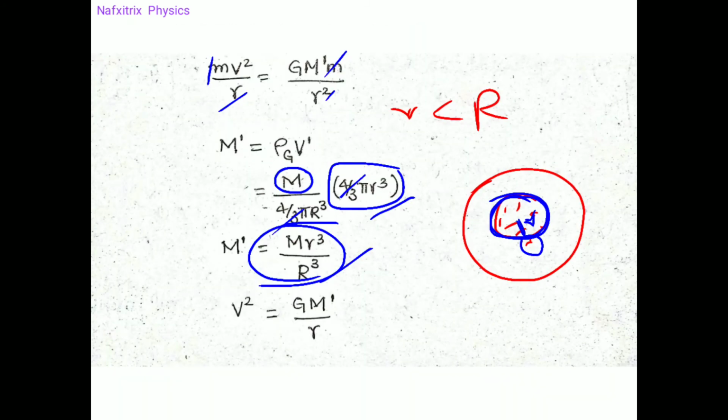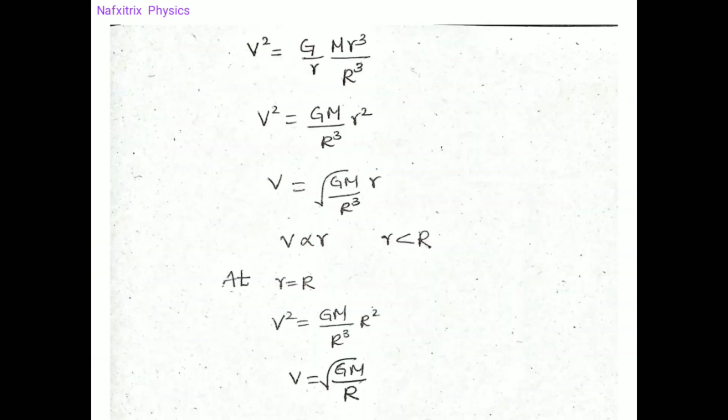After substituting M r cube by capital R cube, G M and r cube have to be taken aside, and r would get cancelled and we will get r square. Next we need to take the square root to that side. So we would have root G M by R cube, and square root of r square is nothing but r.